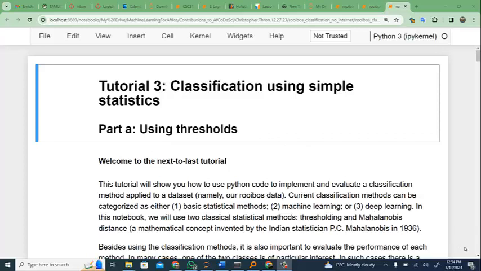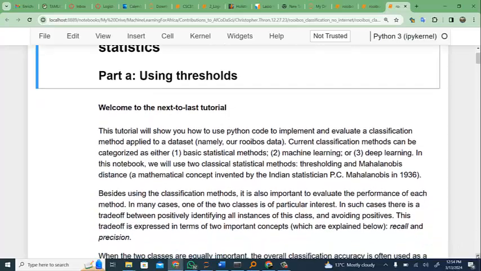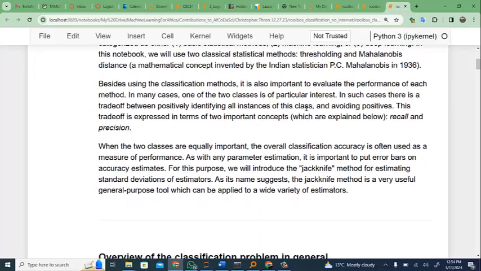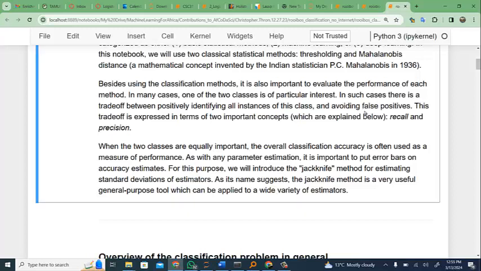Besides using classification methods, it's important to evaluate the performance of each method. In many cases, one of the two classes is of particular interest. In such cases, there's a trade-off between positively identifying all instances of this class and avoiding false positives.